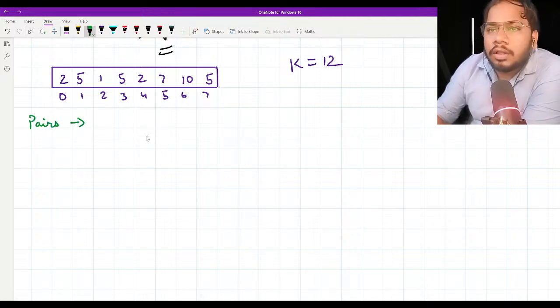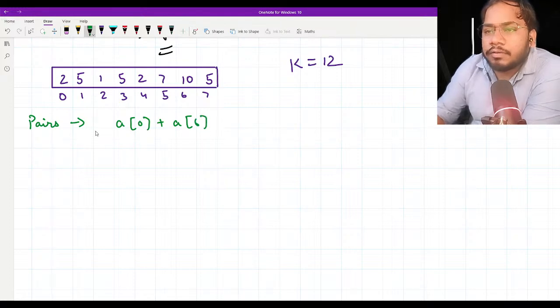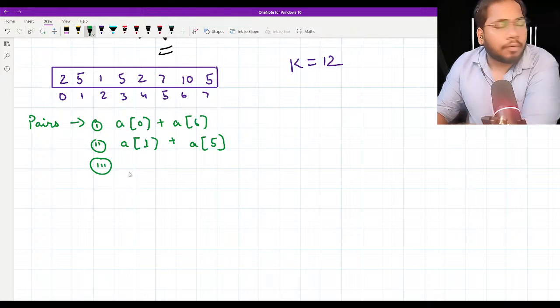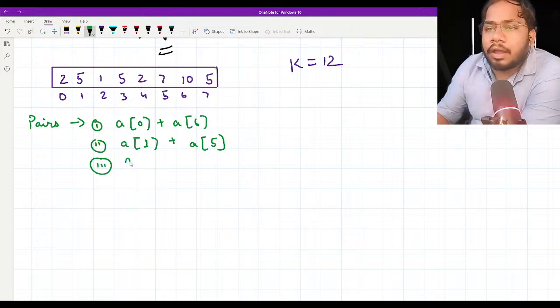Here the pairs are: 2 and 10, so a of 0 plus a of 6 will give that value, right? After that we have a of 1 plus a of 5. Again we have a of 3 and a of 5.